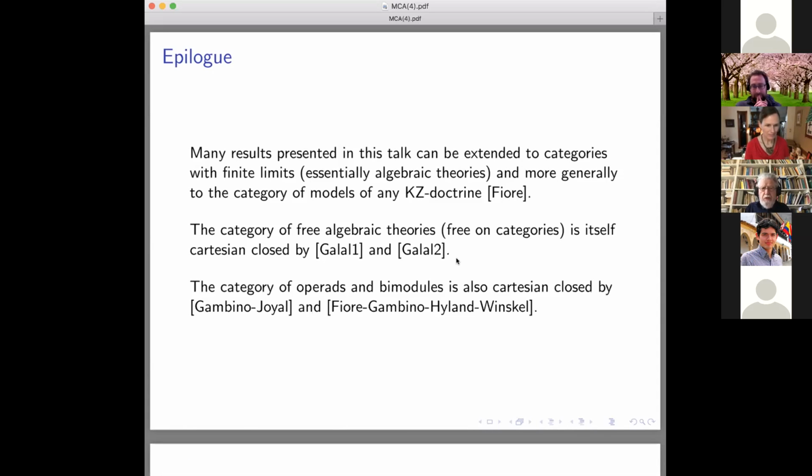Also, the category of operads and bimodules is Cartesian closed by a result of Nicola Gambino and myself, and also Fiore, Gambino, Hyland and Winskel. So there is a whole series of results along the same line, which is developing.